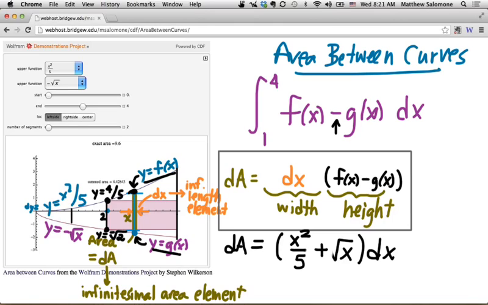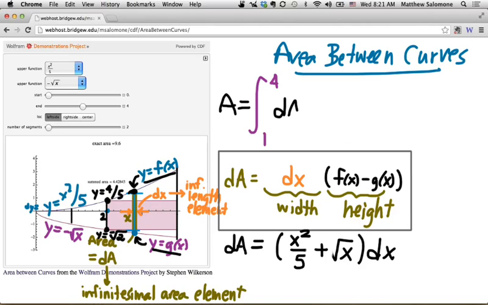And then to find the total amount of area, I'm just going to add up the dAs. In other words, I'm going to take the integral from 1 to 4 of x squared over 5 plus the square root of x dx.